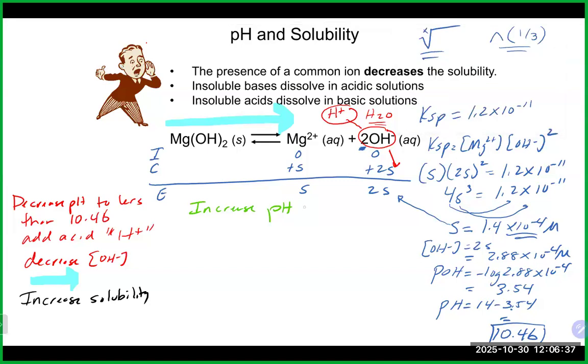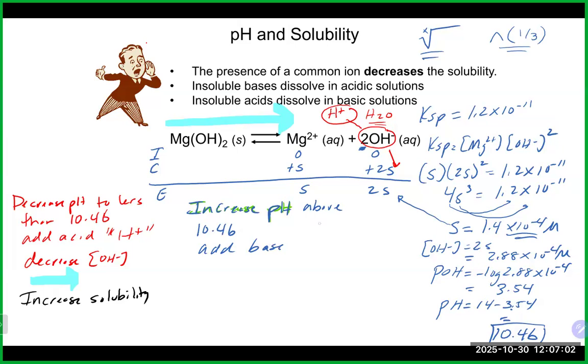So if we increase the pH above 10.46, obviously the way that we could do that is we need to add some more base to that solution, right? Base should bring the pH up.